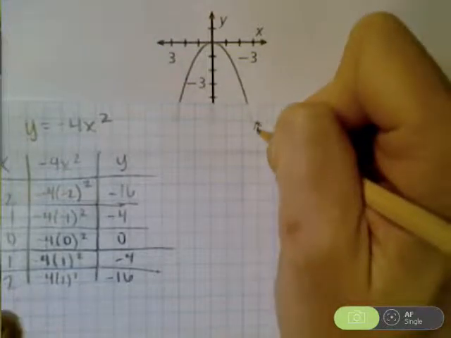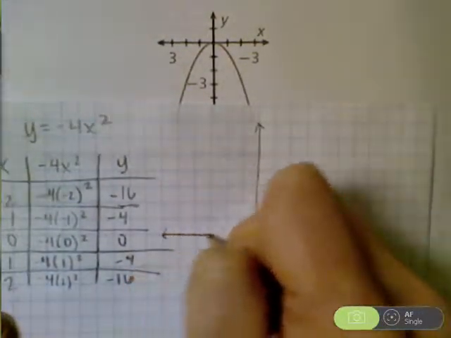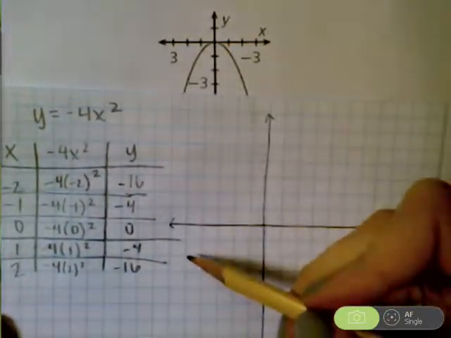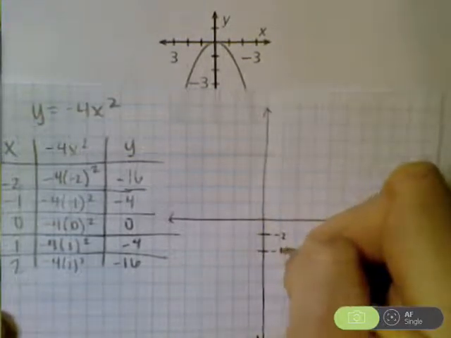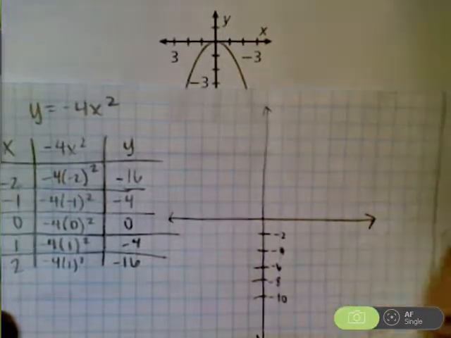Now that I have my ordered pairs, I need to just plot those points. So draw your coordinate plane. In this case, since my y values get kind of large, I'm going to count my y values in multiples of 2, which will just help my graph from not having to be so large.